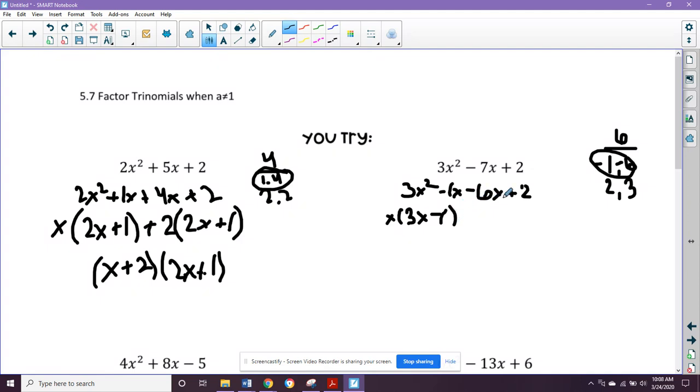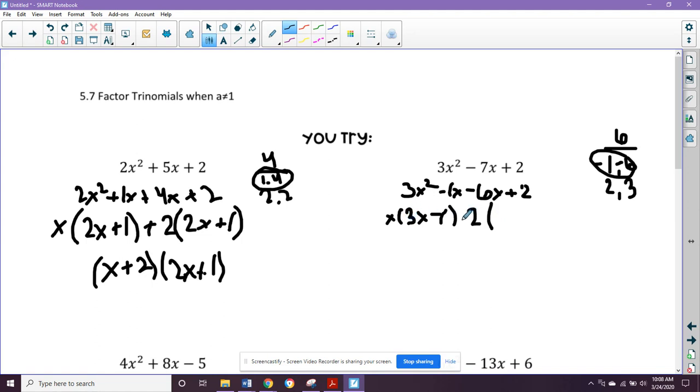And then let's look at the second two terms. What's the greatest common factor here? Your greatest common factor between these two terms is going to be 2. So if we do plus 2, that would leave your first term a negative 3x, which does not match over here.